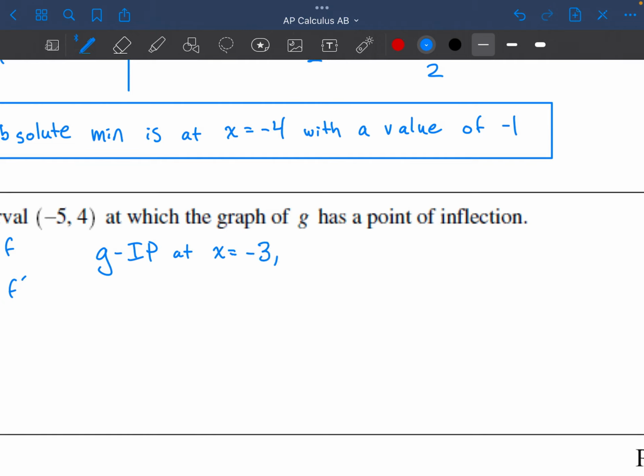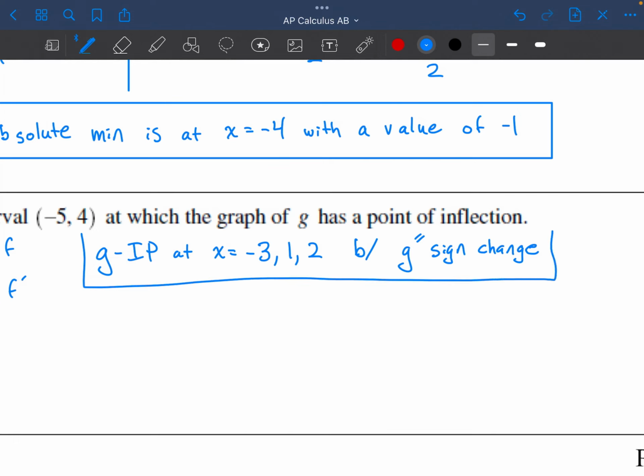What did I say? -3, 1, 2, right? -3, 1, and 2. Why? It's because that's where you have a G double prime sign change. Your speed sheet definition will always be your reasoning. And that's it. And we can go ahead and box that.